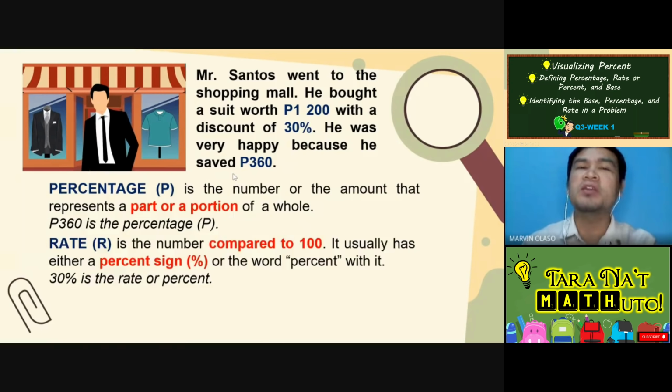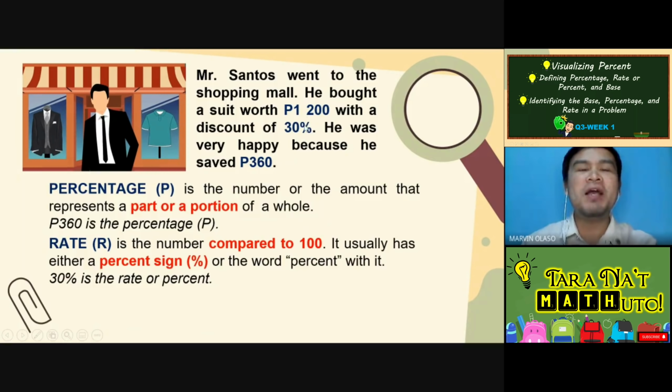We have the rate. Rate is the number compared to 100. It usually has either a percent sign or the word percent with it. Okay, may kasama siya laging percent symbol o kaya naman word na percent.